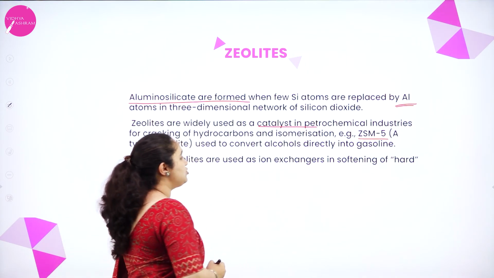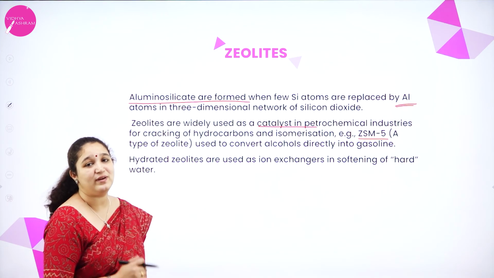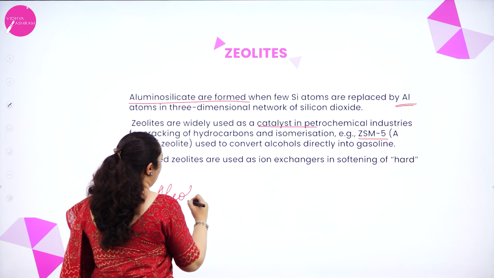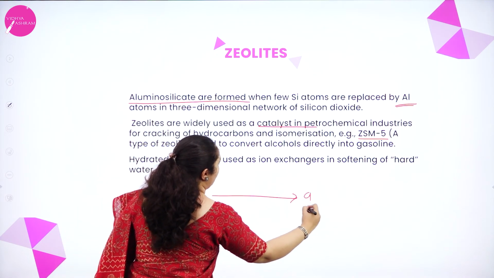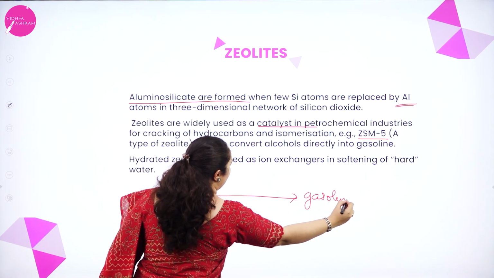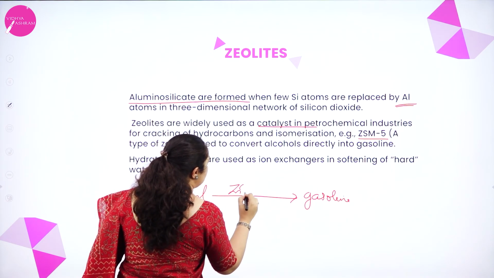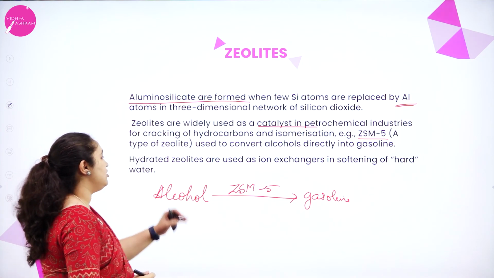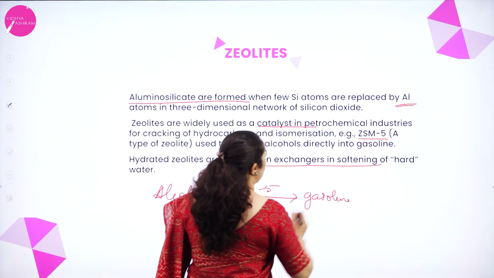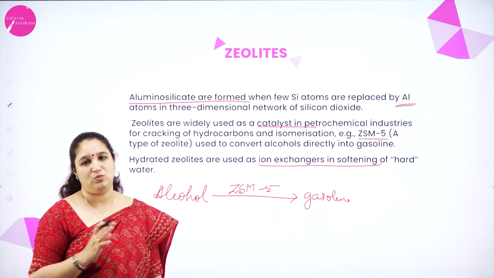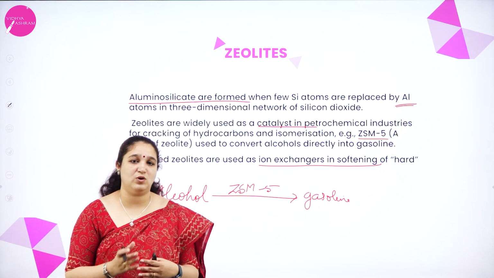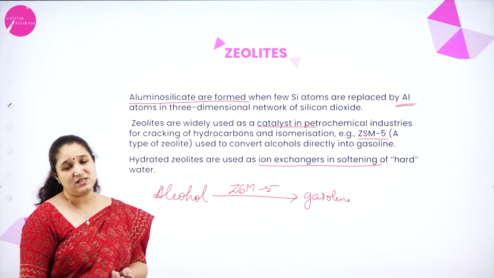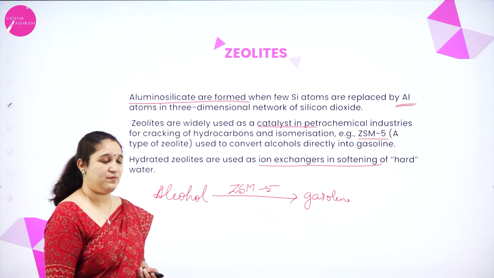ZSM5 is used to convert alcohol directly to gasoline. Hydrated zeolites are used in ion exchange softening of hard water. So if you want to soften hard water by the ion exchange method, we can use zeolites there.